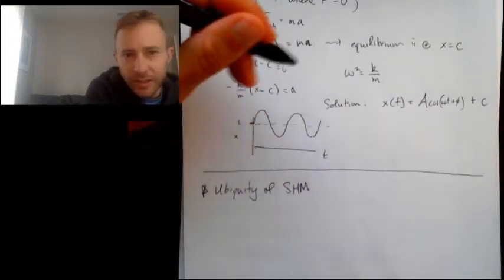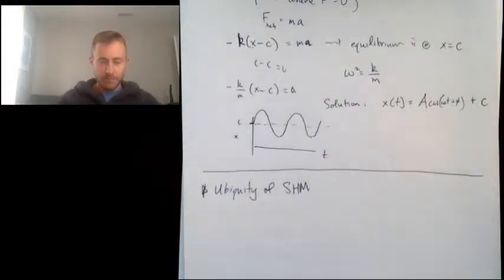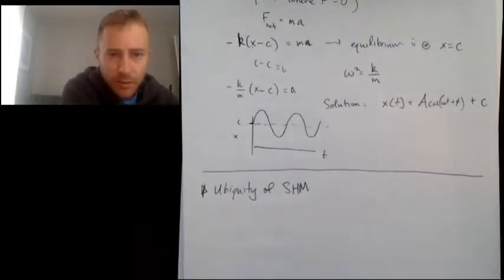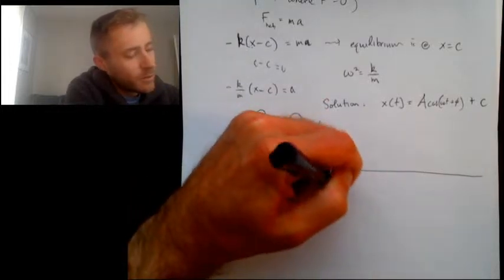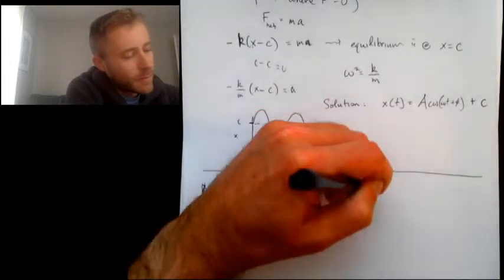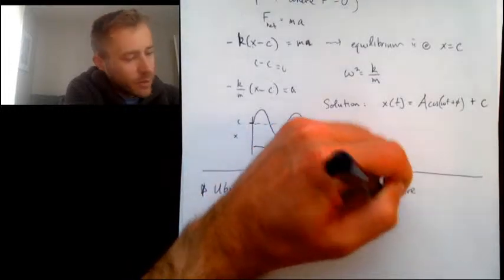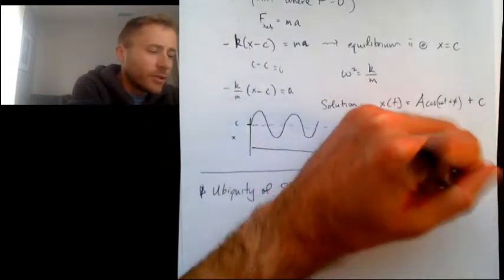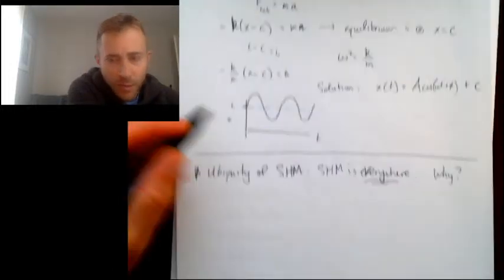We see simple harmonic motion everywhere in nature. Ubiquitous means you see it everywhere. That's why it's one of the most important things to study in physics. It's because you find it everywhere. And the question is, why? Why is simple harmonic motion everywhere?